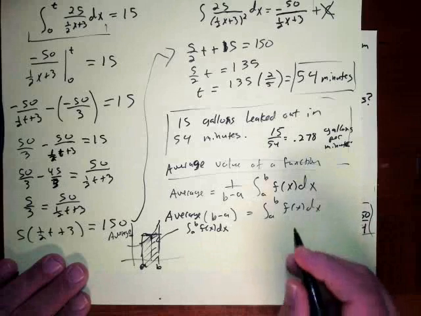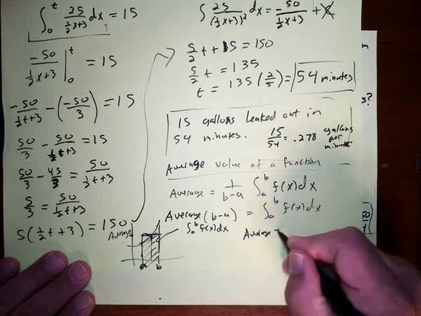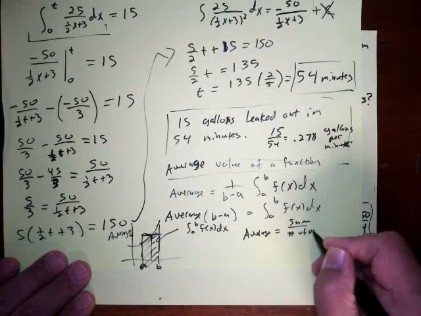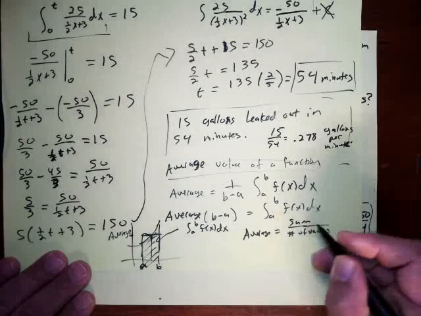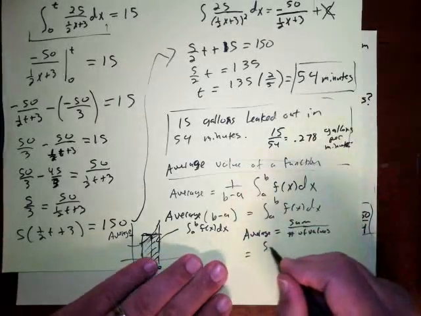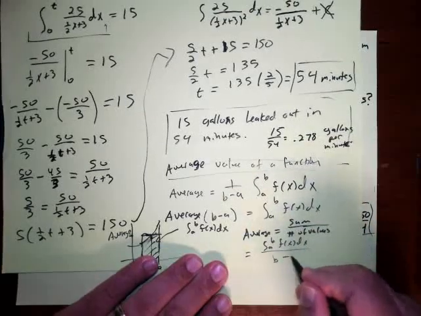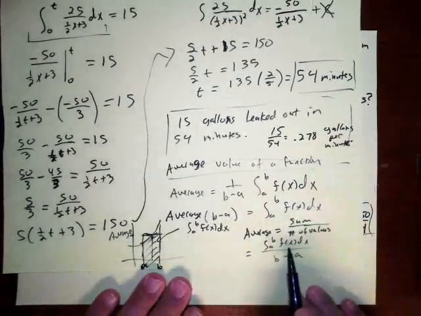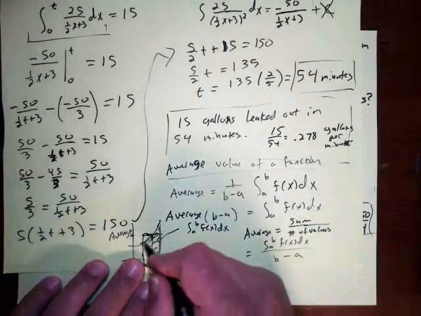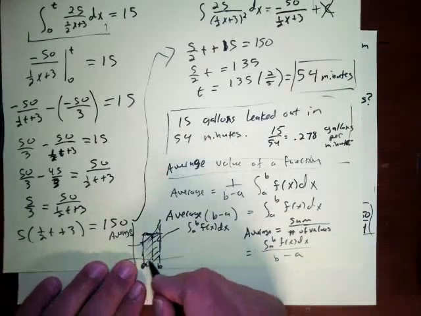Another way to think of this is if you wrote it like this, the average is equal to the sum over the number of values, right? Well, if you write this expression here as the integral from a to b of f of x dx, and then b minus a on the bottom, the top here is like the sum. You're summing up all the values, all these f of x's, right? And then the b minus a is like the number.